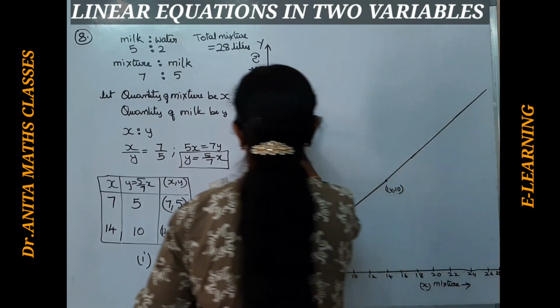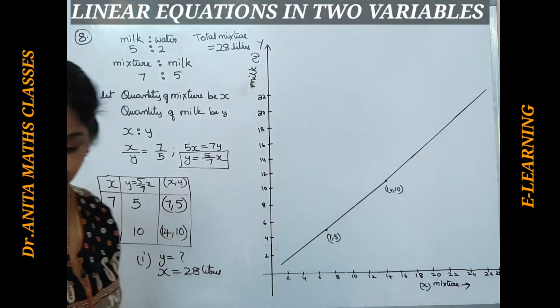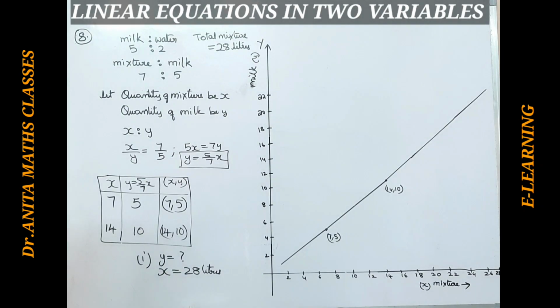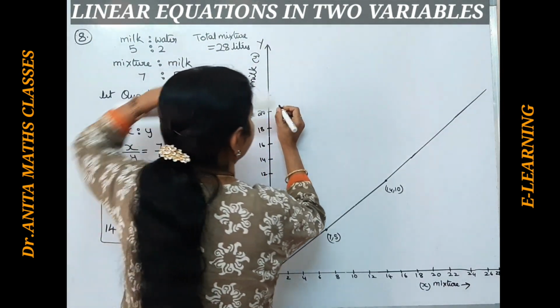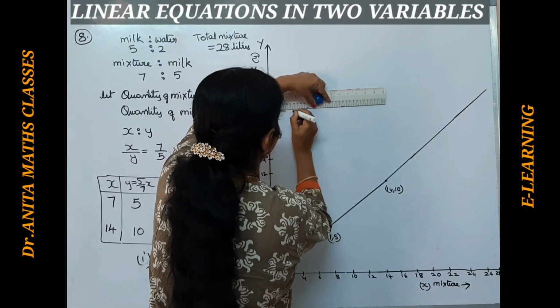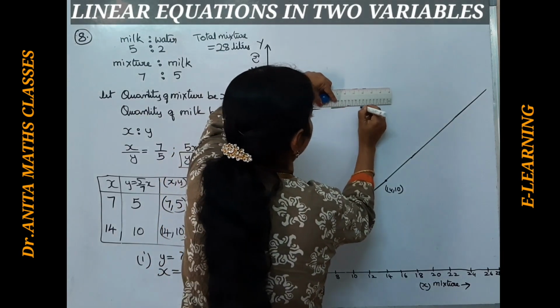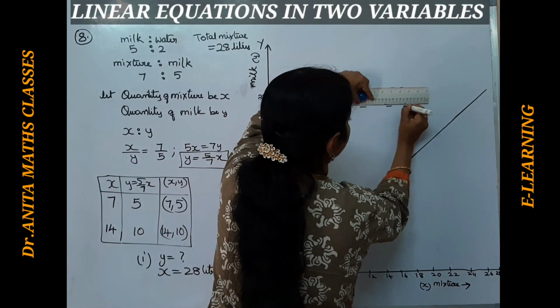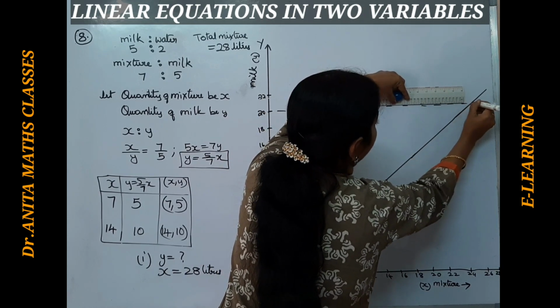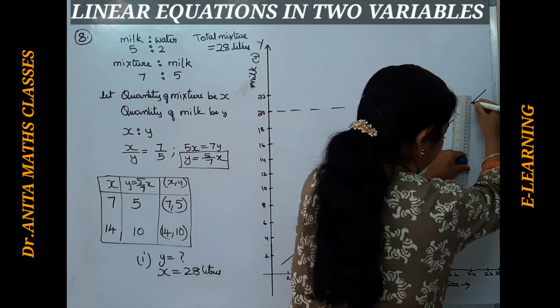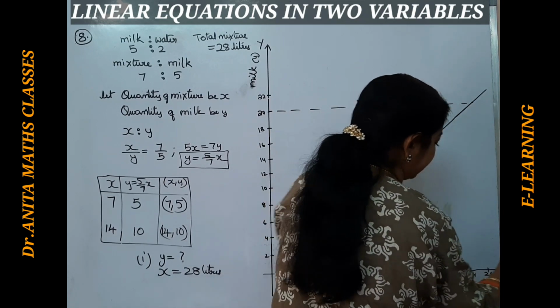some point here, it will touch the graph somewhere at 20, okay. So let me draw here. My board is not exact to the scale, you will be getting the exact point. From this if you drop here, this will be touching the 28.